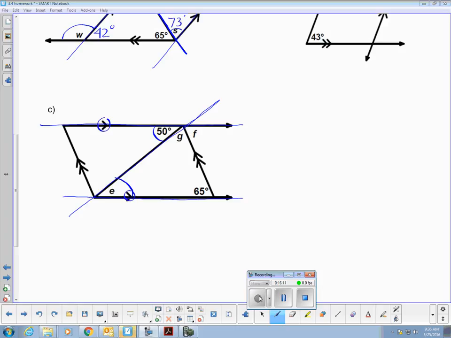And therefore, angle E is congruent to 50 degrees. And by the same token, this angle that's 65 degrees is alternate interior to this angle F. Therefore, F is also 65 degrees.